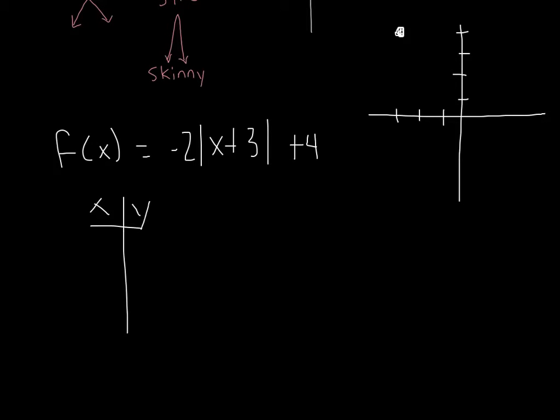We want to pick points that are around -3 because we know that's going to be the center of that V shape. So let's pick -2, and then we'll pick -4 because those are equidistant from the center. The center is right here. Then let's pick -1 and -5.